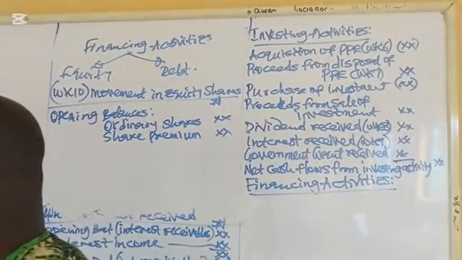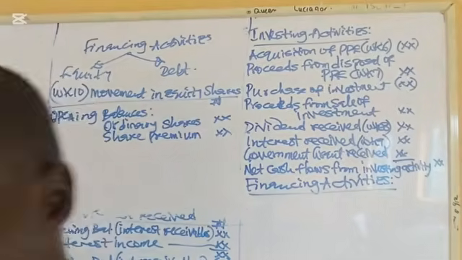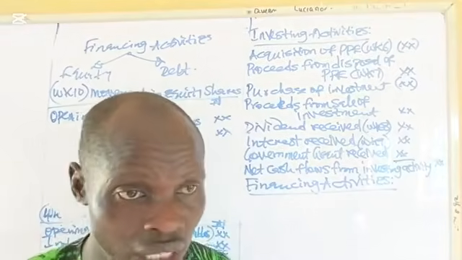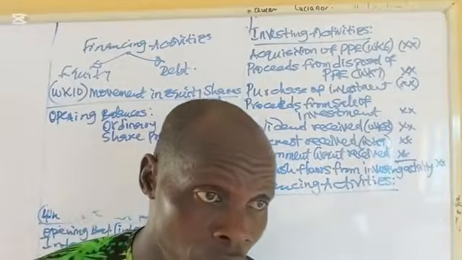So you could have a bonus issue, and the bonus issue could be made from share premium, and it may be made out of retained earnings. I've told you a bonus issue could be made from share premium, it could be made from retained earnings. Normally, the bonus issue should be made from share premium.